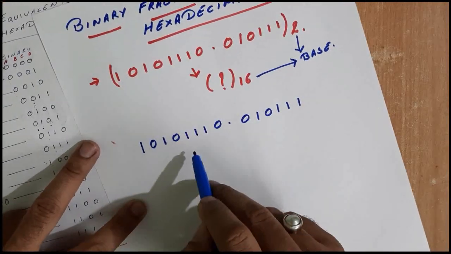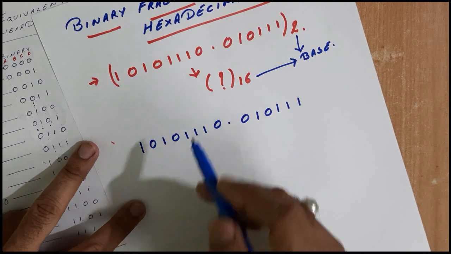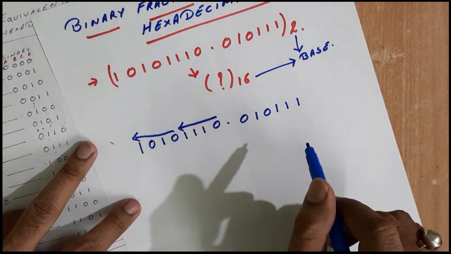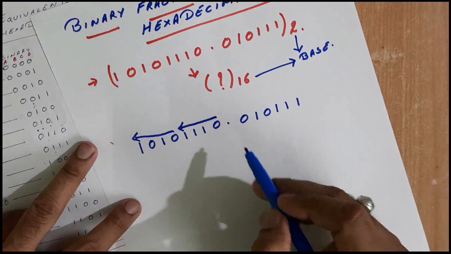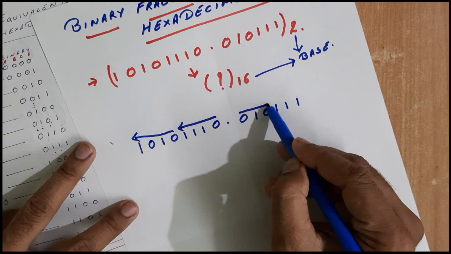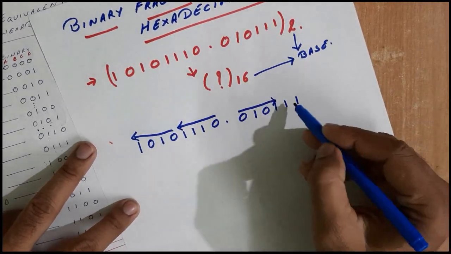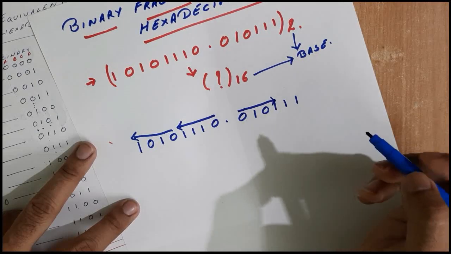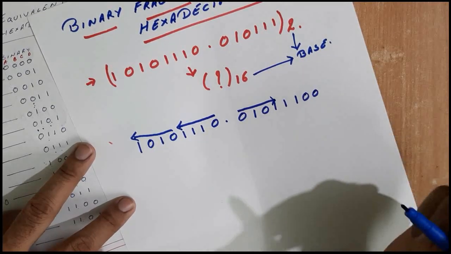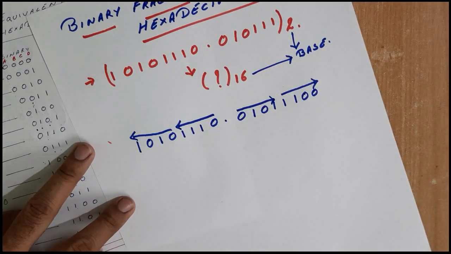And for the whole number, I have taught you all, we should start from the right hand side, that is this way. And students, for the fractional number, the grouping will be done from the left hand side, that is 1, 2, 3, 4. Okay, we are left out with 2 digits, and I have said to make the group we can add zeros. We'll add 2 zeros so that it will be a group of 4.